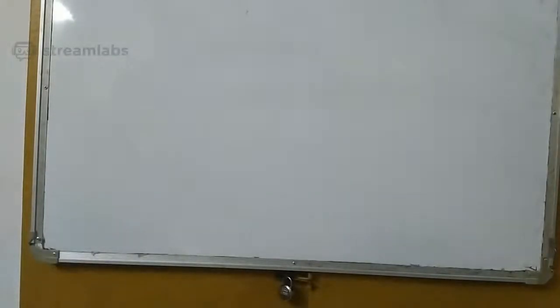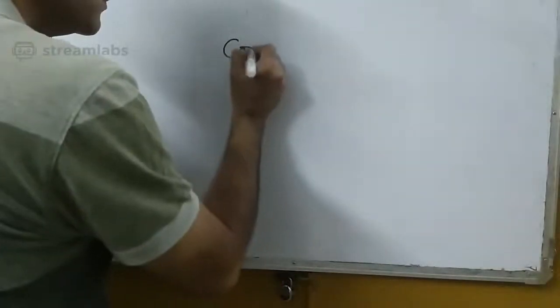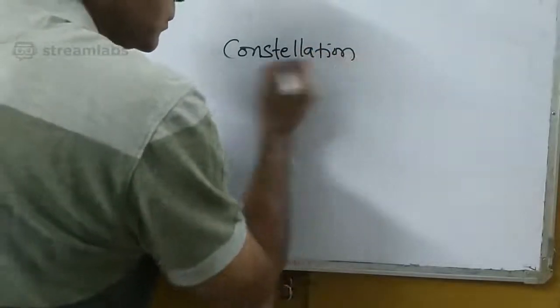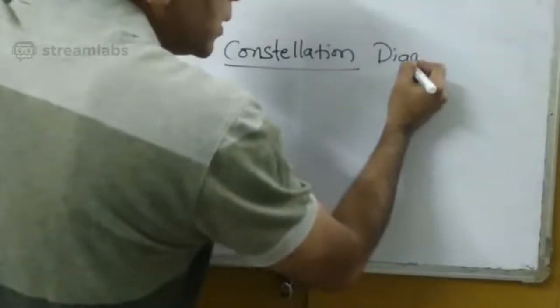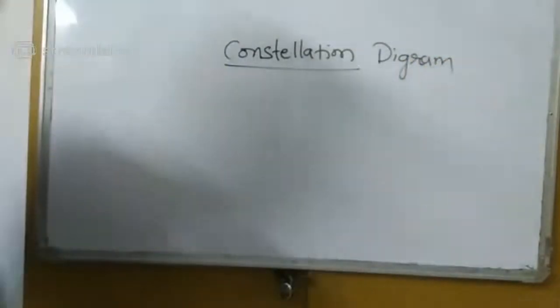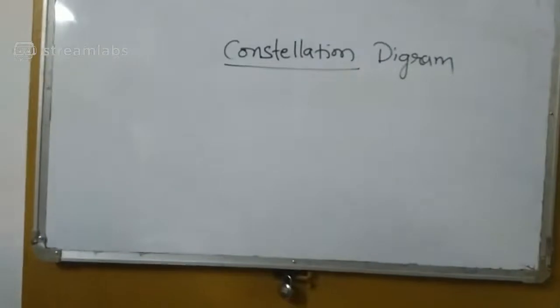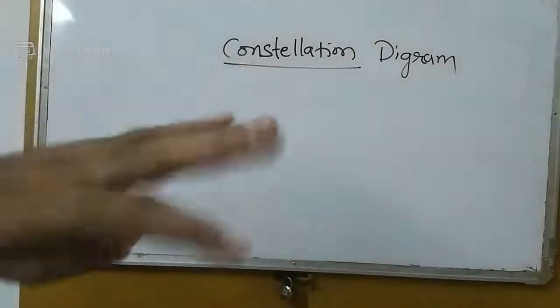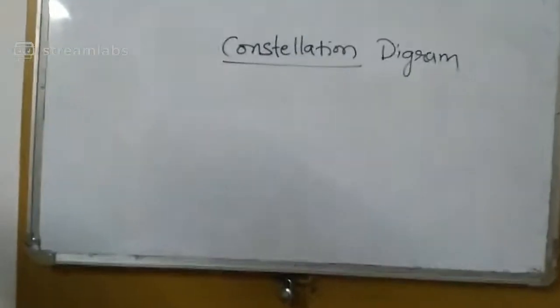We use these constellation diagrams to understand how exactly these QAM signals are represented. I will use this tool. It will help me represent the different signal elements, which are a combination of phase and amplitude.